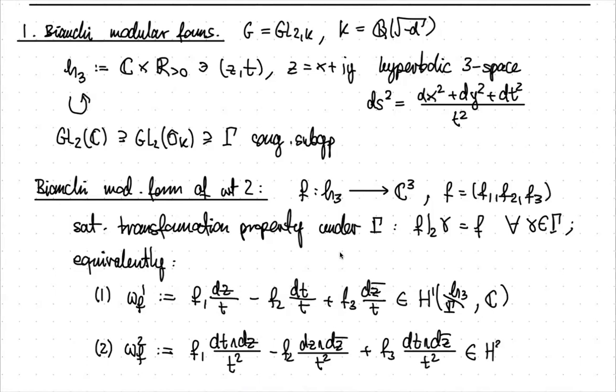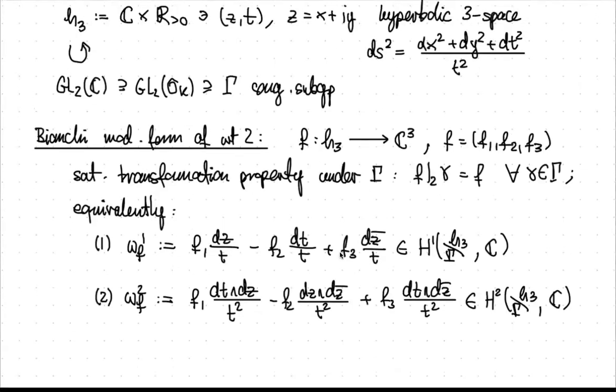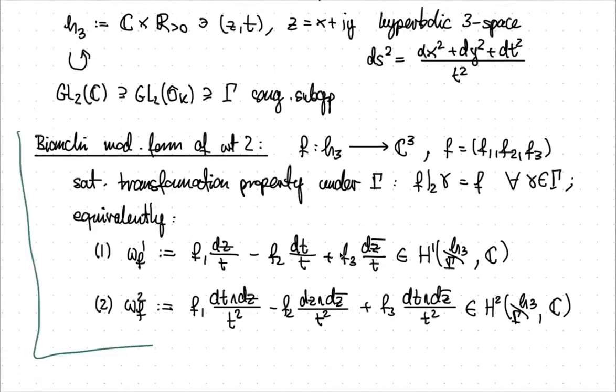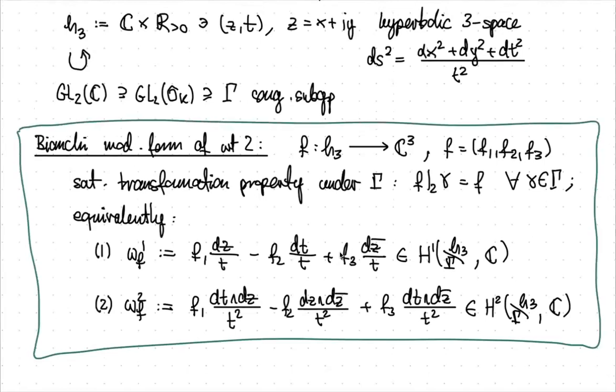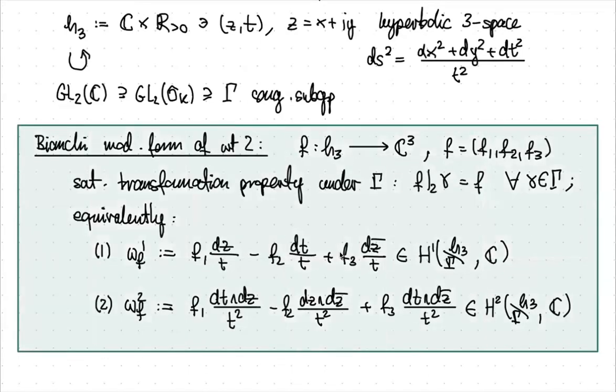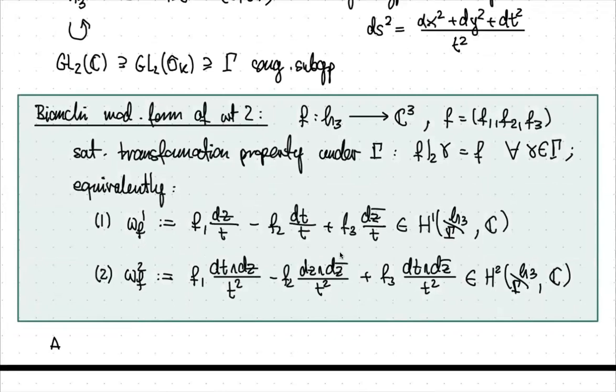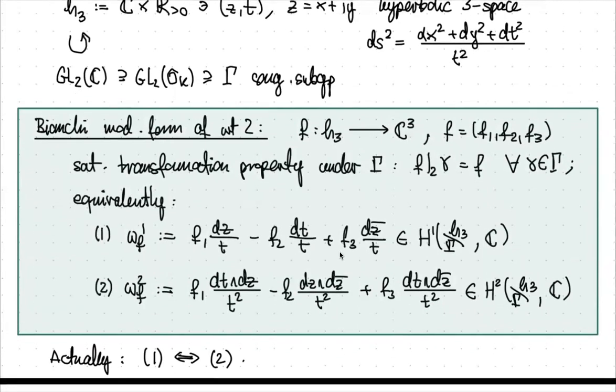It should be a class in H2 of H3 mod gamma, with C coefficients. Okay, so let me box this off. This is the definition of a Bianchi modular form. And I should say, parenthetically, that 1 is equivalent to 2, which is equivalent to the transformation property. So you could assume either of these, and then the rest will follow.